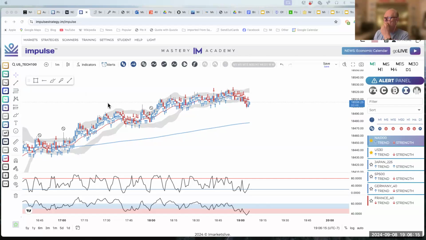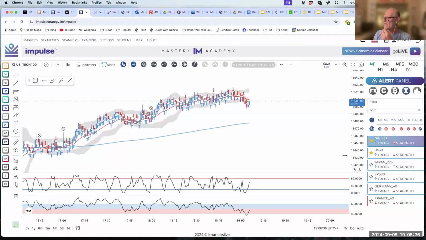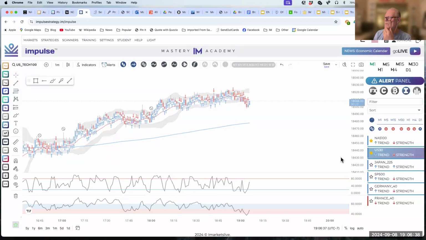So it does have different names. It's one of the things that I like to trade. I'm mainly trading gold and NAS. I do trade the Dow, the US 30, sometimes as well. So that's another thing that I like to trade over here.